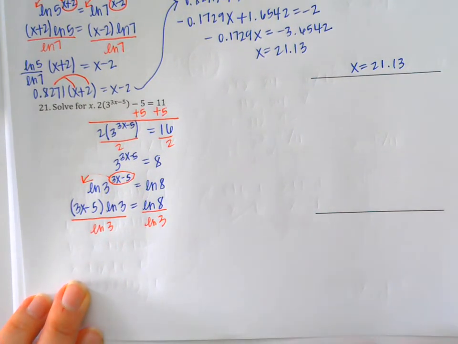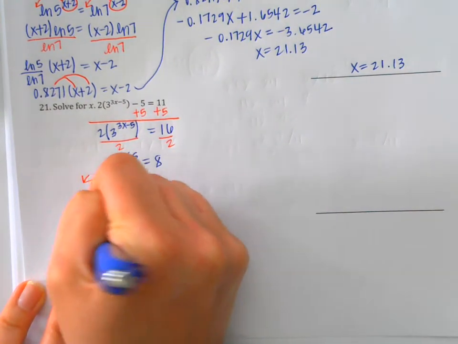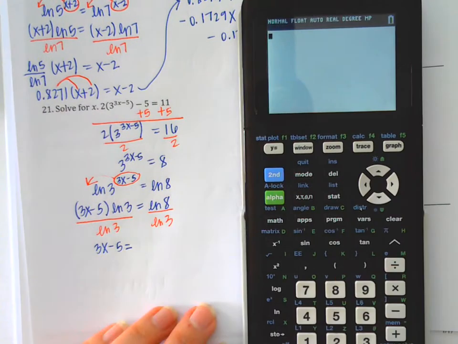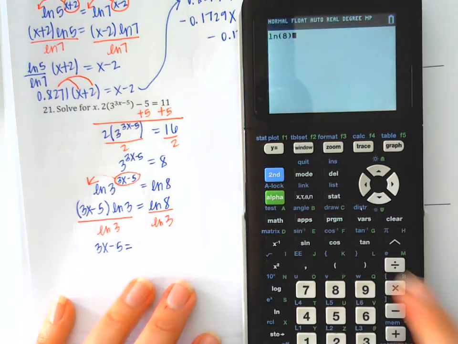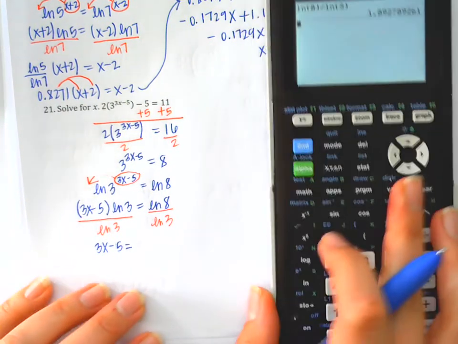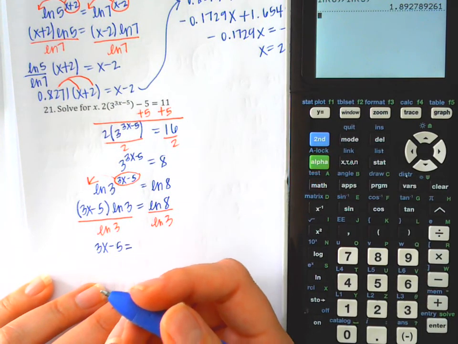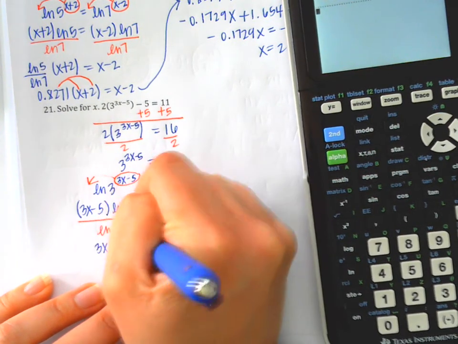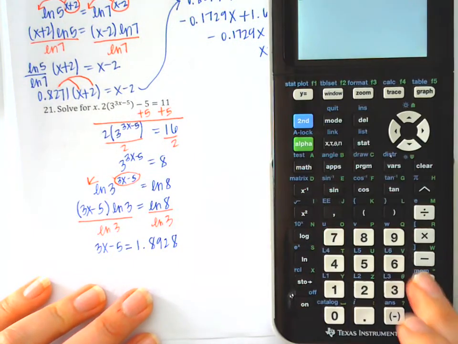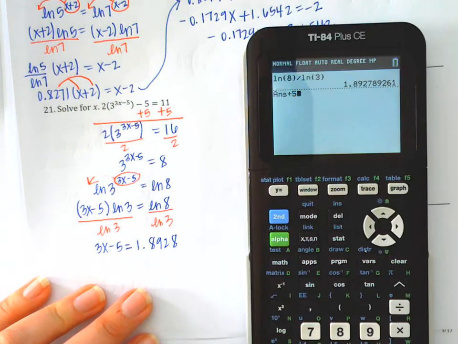It's less rounding. So 3x minus 5, and now I just did that in my calculator. So ln of 8, end your parentheses, divided by ln of 3, which is 1.8928. I'm going to add 5. Oops, you cannot see that.